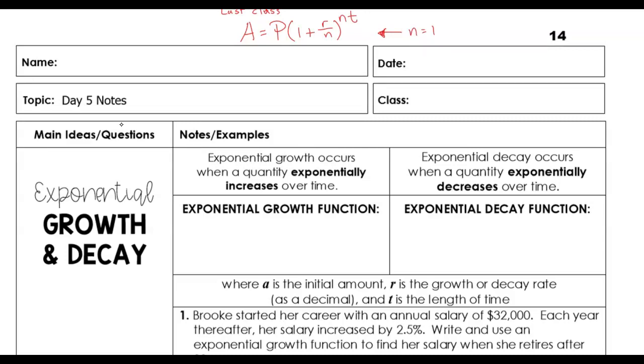So the n disappears, right? It's invisible. So when we're just compounding once a year, we have this formula. Now, instead of writing P, I'm going to write a little a, just so that you're aware that this also applies to other problems besides money.